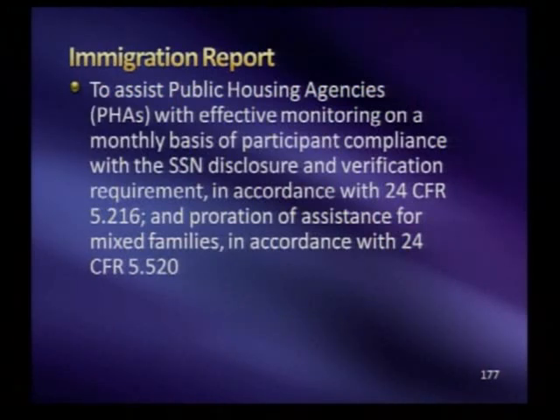And one of the things I love about this immigration report, it's a fairly new report, and you probably haven't utilized it, but this will help you to identify individuals, A, who need to disclose a SSN, and also make sure you're doing proration of assistance for mixed families. Because if you're seeing somebody on the immigration report and their status is ineligible non-citizen, you need to make sure that you're applying proration.